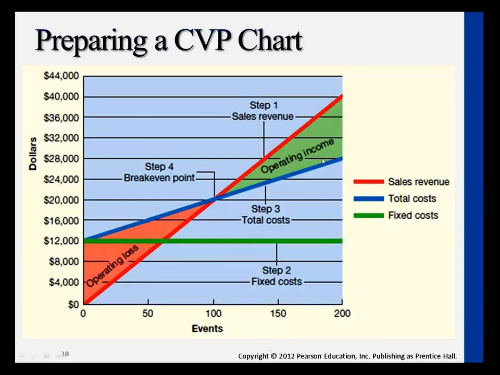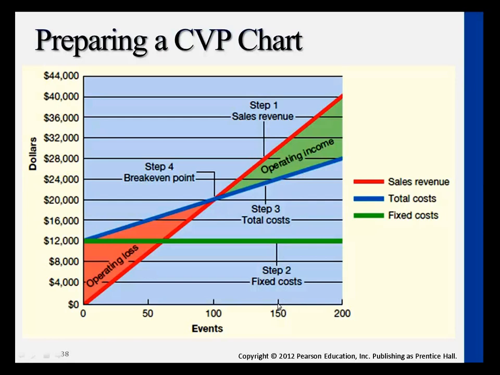And let's look here. My operating income is between two lines, total cost and sales revenue. So my sales revenue at every point is greater than total cost. That means it's an operating income, right? So here's what I'm going to do.